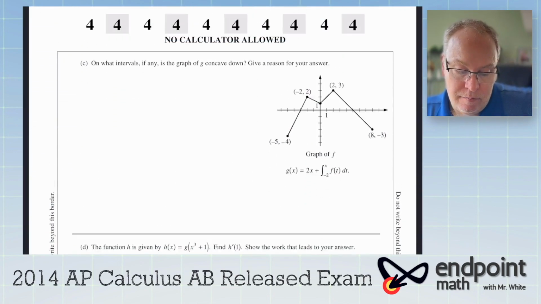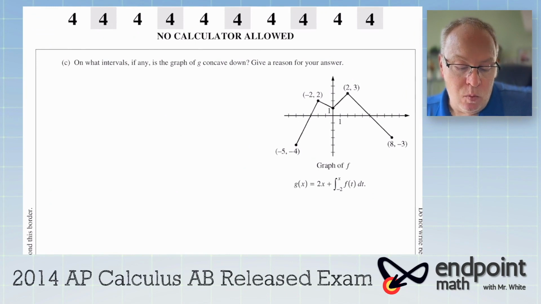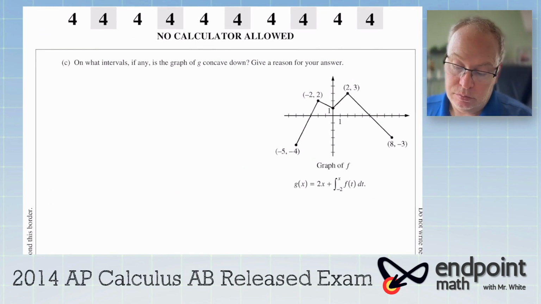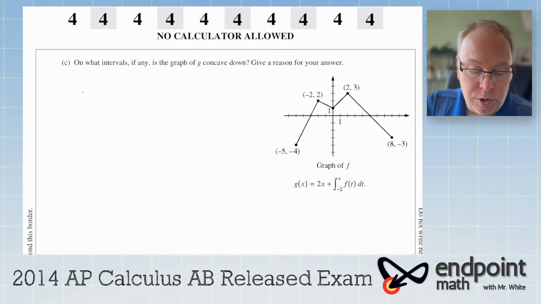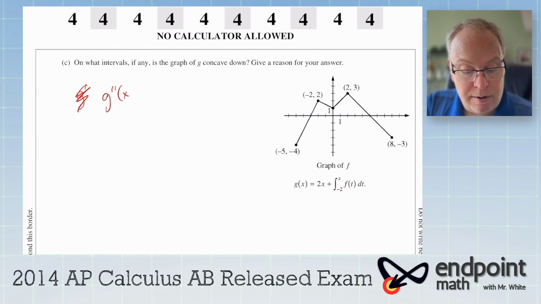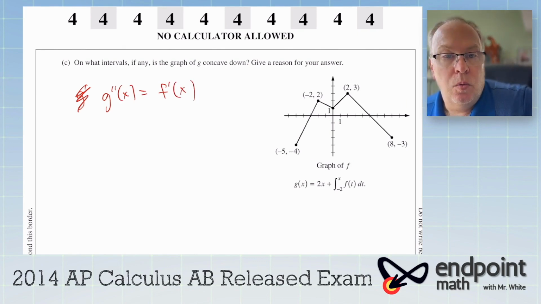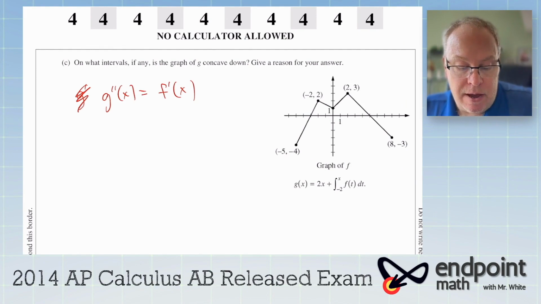And we have 2 more parts here. On what intervals, if any, is the graph of g concave down? Okay, so remember g prime? Well, let's just say this. G double prime, we already found, didn't we? That was just f prime of x. So when are we concave down?